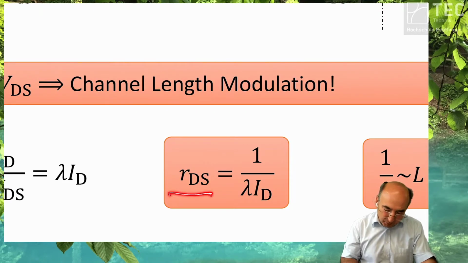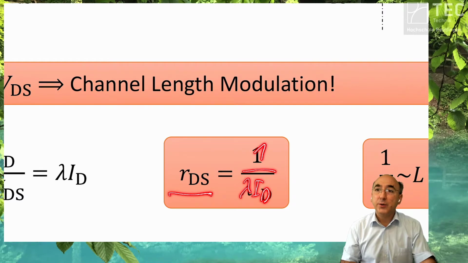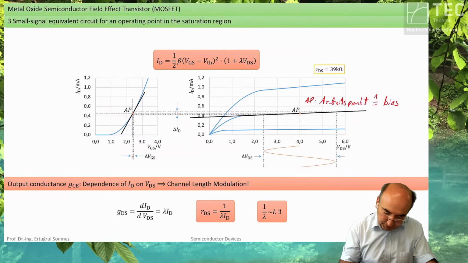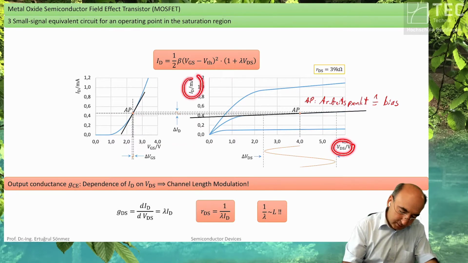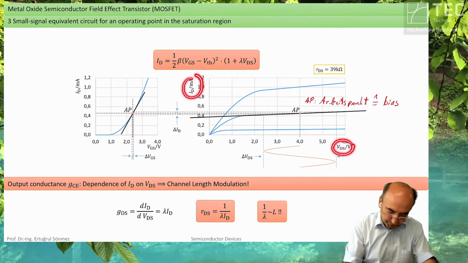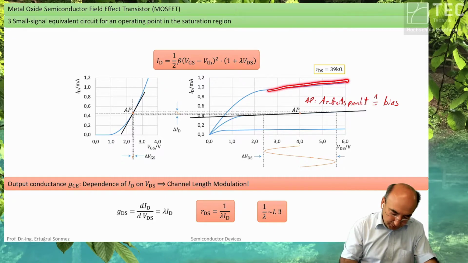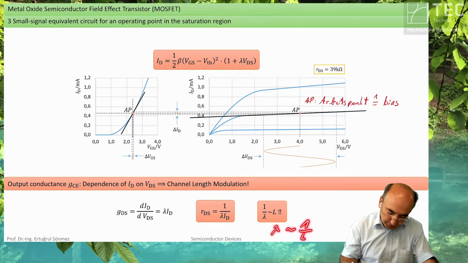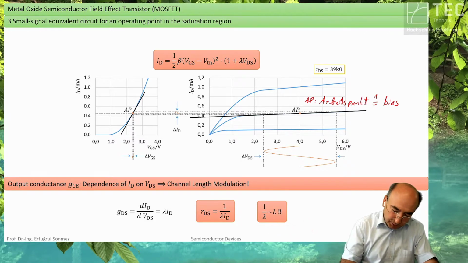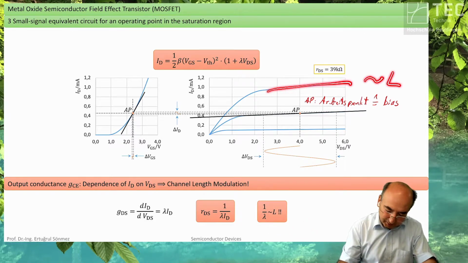That means 1 over lambda ID is your slope in the output characteristics. In the output characteristics, VDS as a function of ID or vice versa. So your slope is a function of lambda, and lambda is a function of 1 over L. That means your slope is proportional to L.